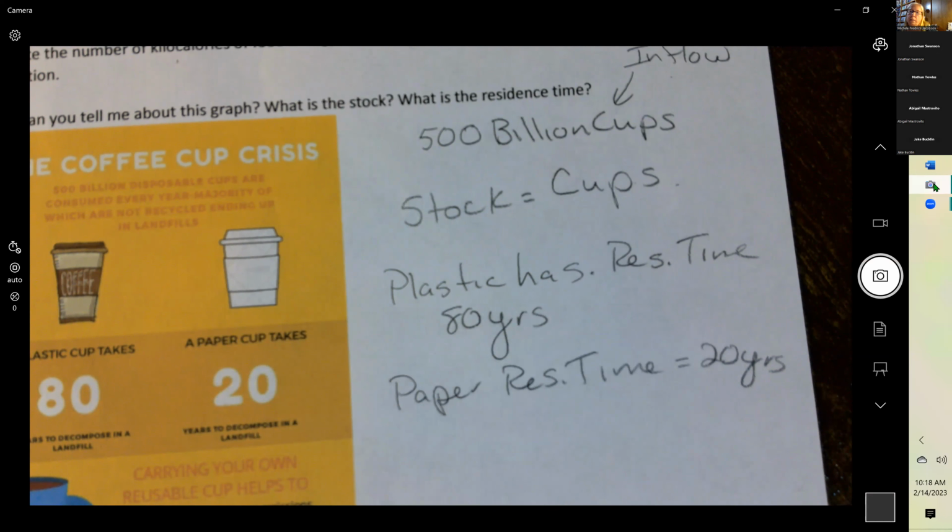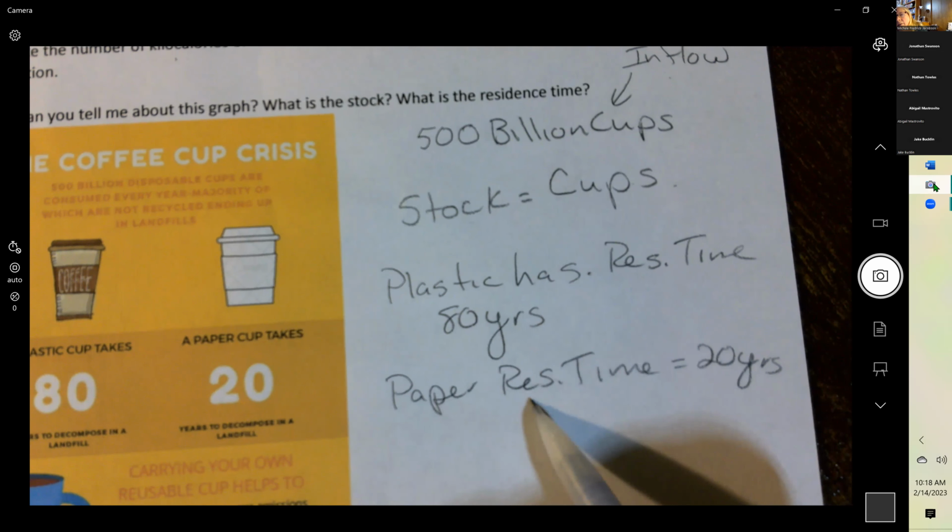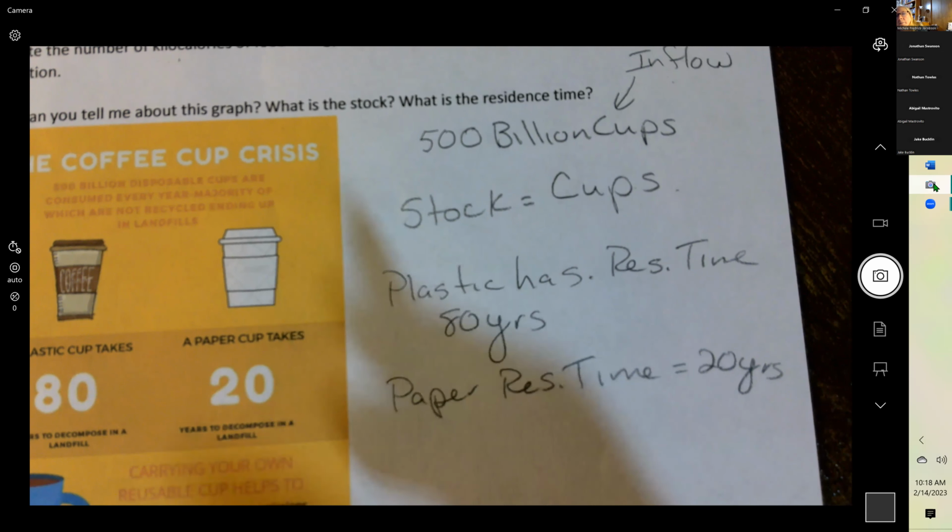Any questions on that? So residence time is how long it takes to decompose, or how long before the water goes through the cleaner or the purifier, like in a tank. That's what it means, how long it sits there in the total amount.